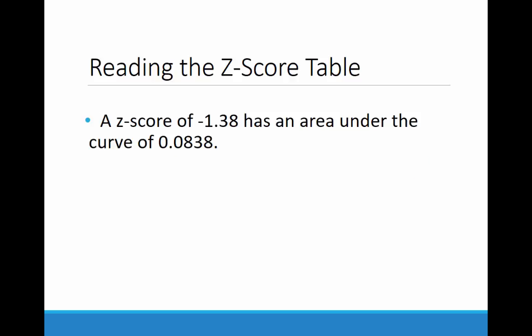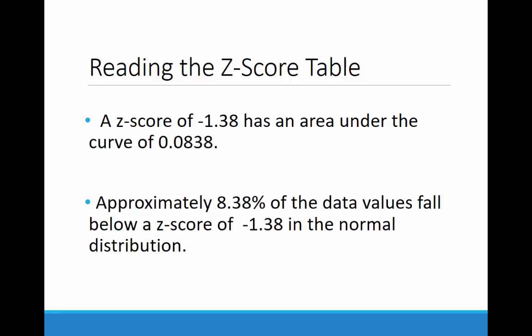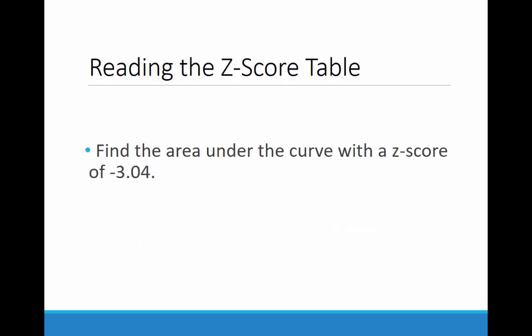So, a z-score of negative 1.38 has an approximate area under the curve of 0.0838. We can state then that approximately 8.38% of the data values fall below a z-score of negative 1.38 in the normal distribution.